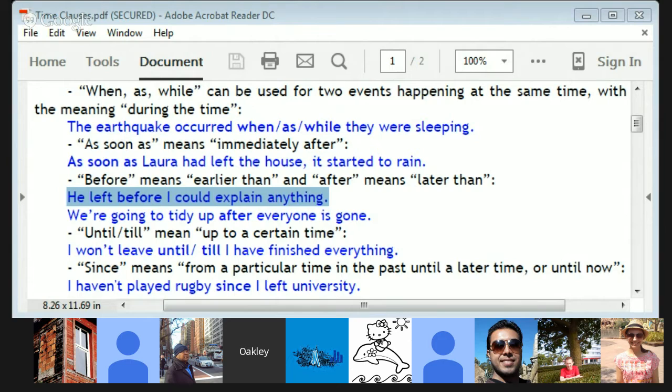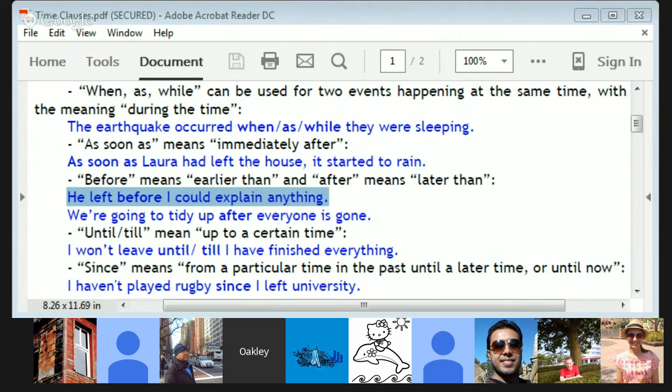Since before is just like since: since 1992, since before I was born. Same thing. Before I was born is just a prepositional phrase which shows what time it is. Since is the subordinator, and before I was born is a prepositional phrase.